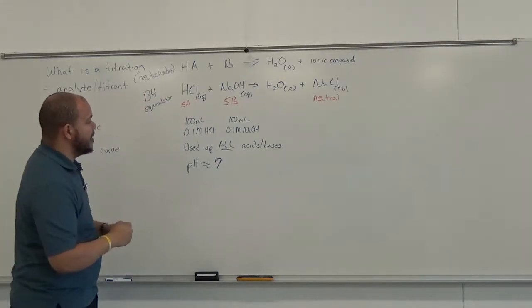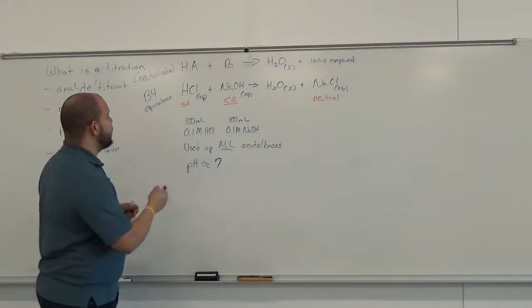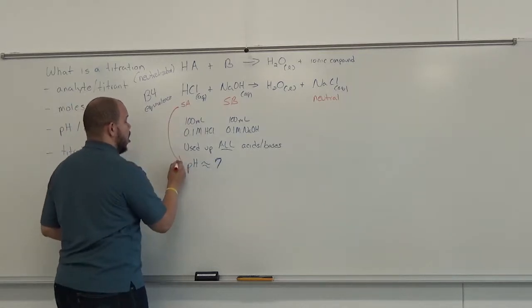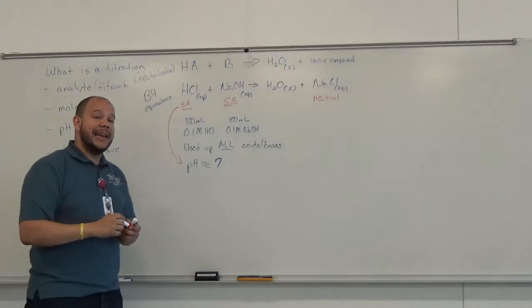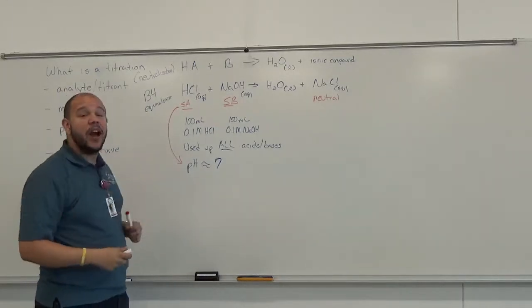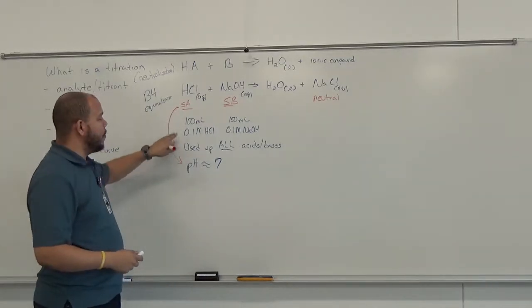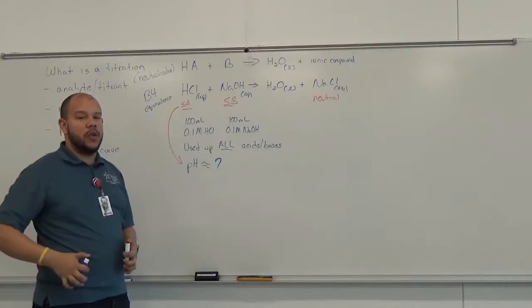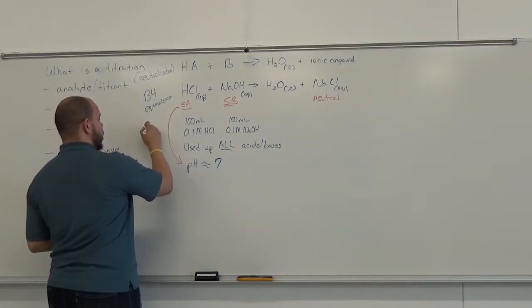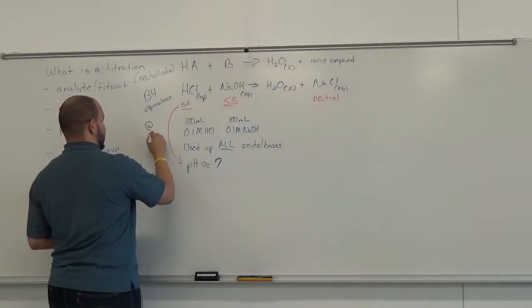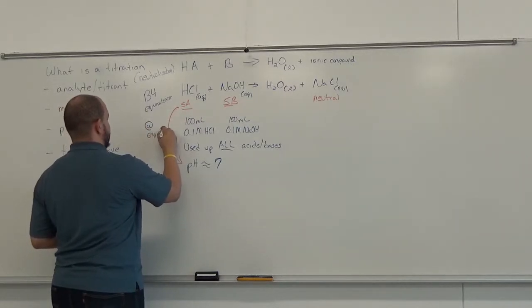The pH is approximately 7. But this is a function of strong acids and strong bases in a titration. This is not the case always. You just have to remember that pH is equal to 7 when you're dealing with strong acid, strong base. This occurs at what we call equivalence.